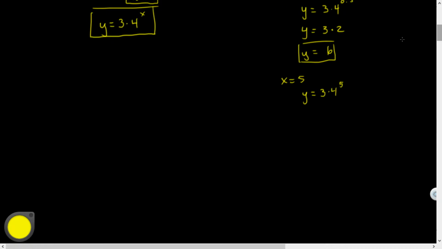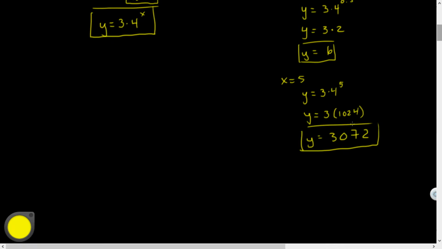And 4 to the 5th is 1,024. And 3 times that number is 3,072.